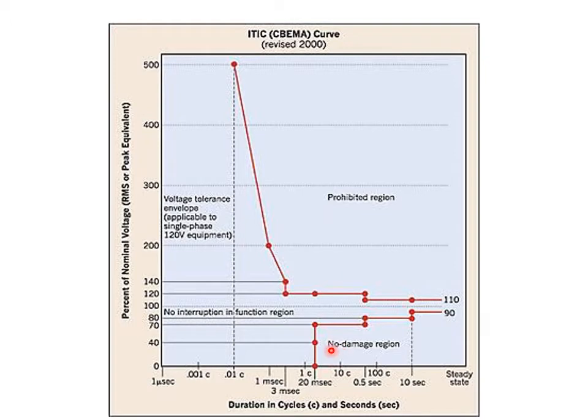The thresholds you can see: after 100 cycles it is normal, and after 10 seconds the steady state is achieved, that is 90 percentage to 110 percentage. At 0.5 seconds it is a little bit flexible, maybe in the range of 70 or 80 percentage to 110 percentage. So before that, 100 cycles or 0.5 seconds, there is some flexibility. So this is the ITIC curve.